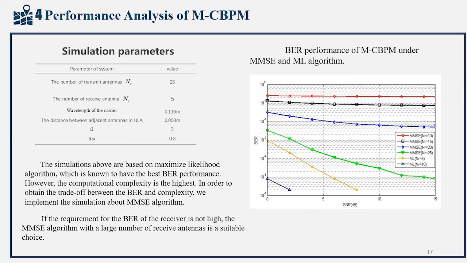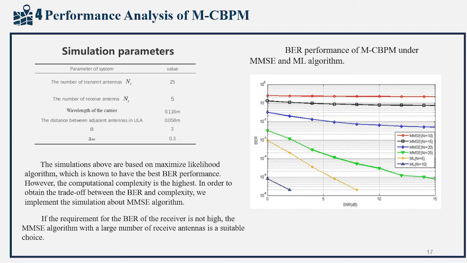We can find that, although maximized likelihood is better than MMSE in terms of bit error rate, as SNR increases, the bit error rate performance of MMSE with different numbers of receive antennas will gradually improve.